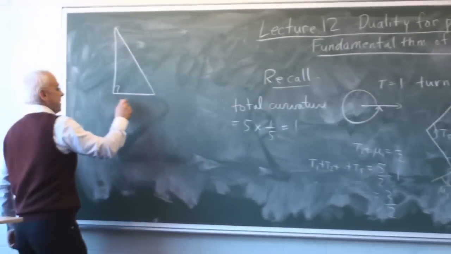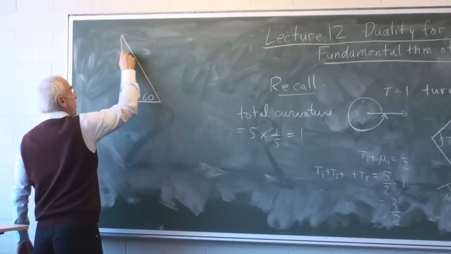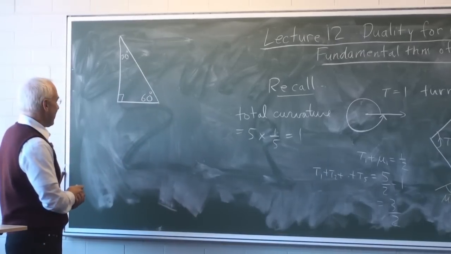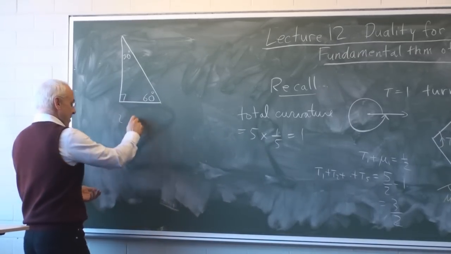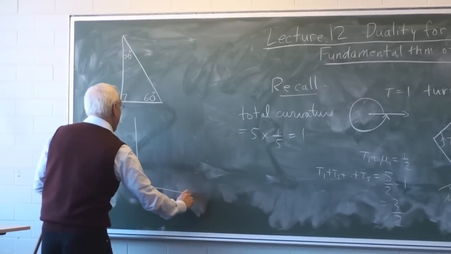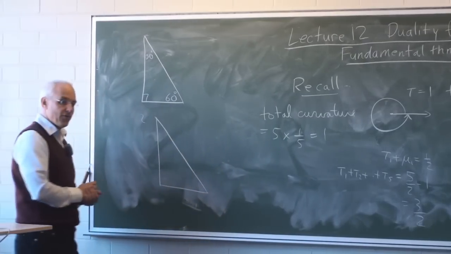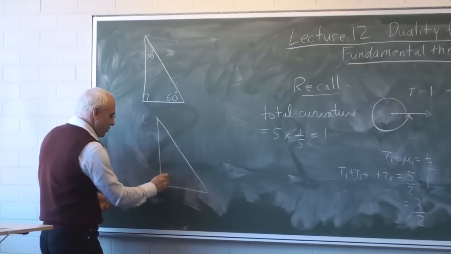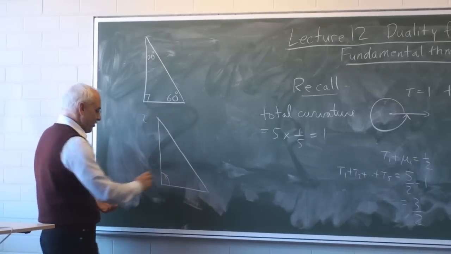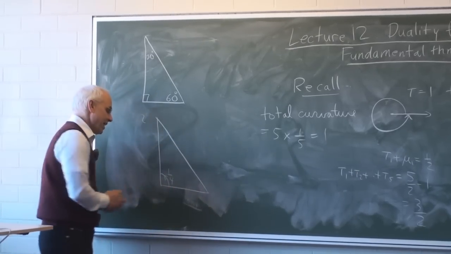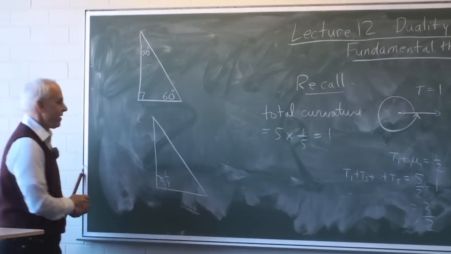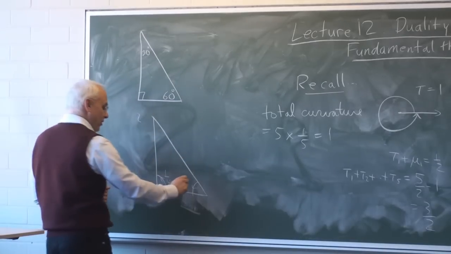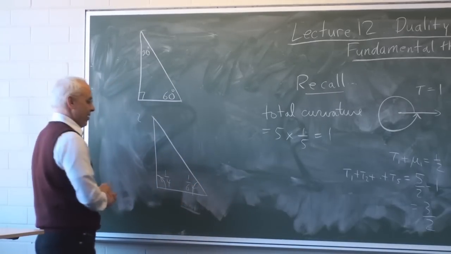So for example, if we take a 90-60-30 triangle, a very familiar triangle to all students, how would we describe that in terms of turn angles? Well, 90 degrees is, as we saw last time, going to be a turn angle of 1/4. 60 degrees is 1/6 of the way around the circle, so it's 1/6.